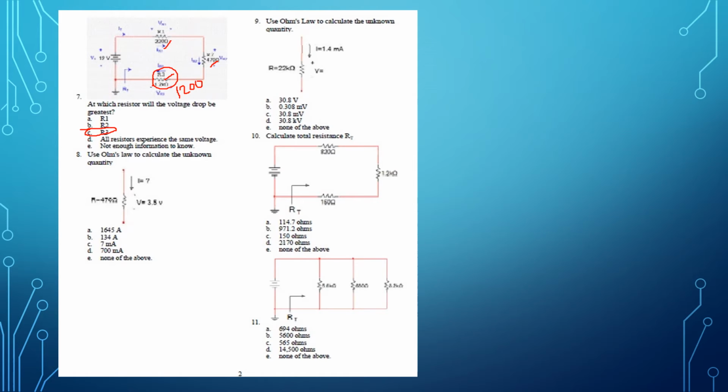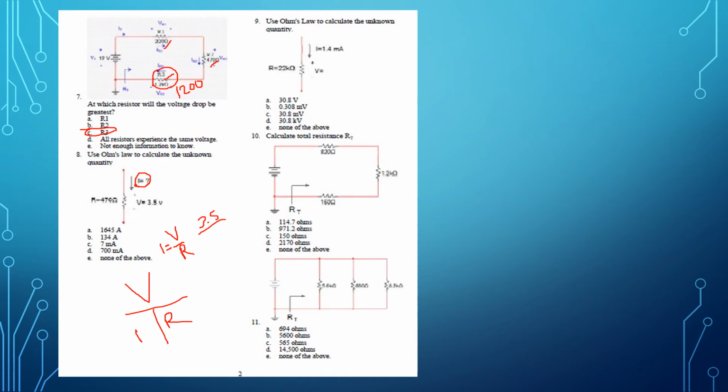Number 8, use Ohm's law again. So V over IR. This is very important. If you are looking for I, I'm going to take a V and an R. So in this case, my voltage is 3.5 volts, and divide that by my resistance.